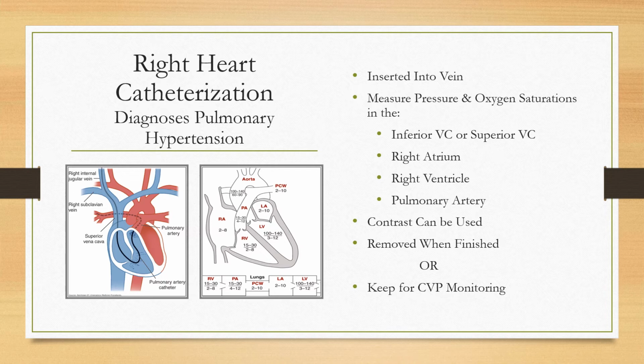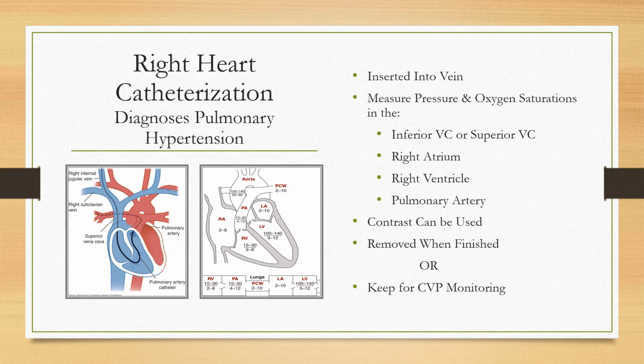Well, there's something wrong with the lungs, such as COPD, that are destroying the capillary beds, and so the blood can't flow through. That's going to lead to pulmonary artery hypertension. Left heart failure, where the left ventricle is not able to pump blood out, so it's backing up into the lungs, and it's backing up to the pulmonary artery, causing high pressures, okay?